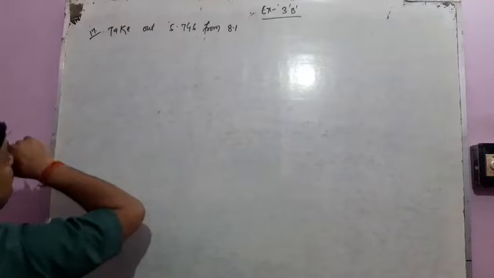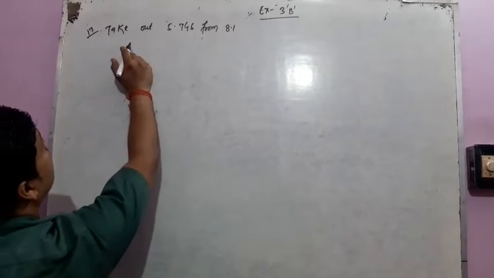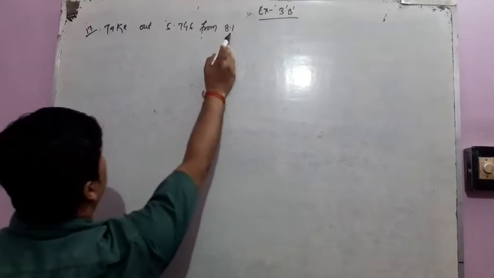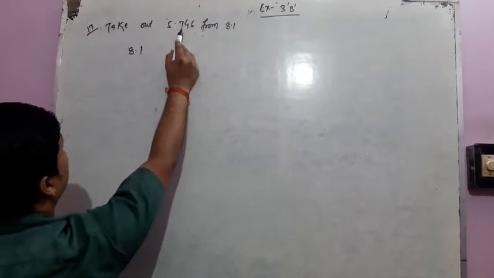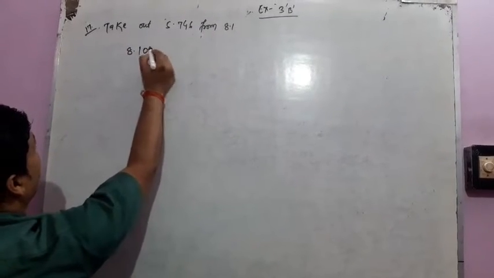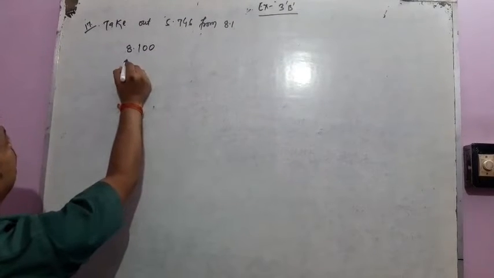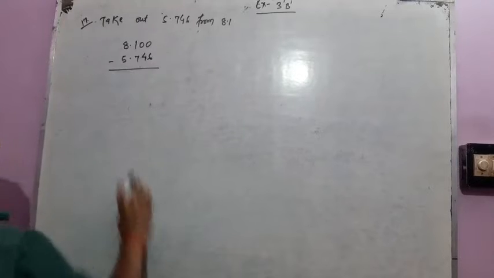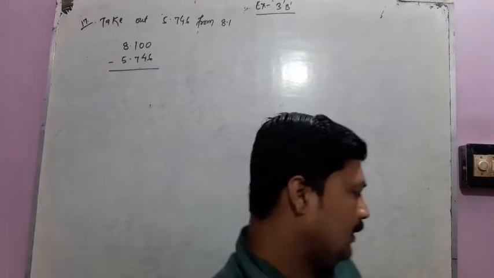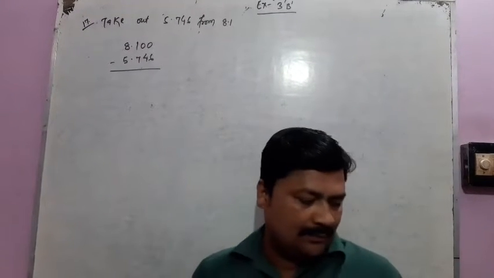Here in the same way we have to subtract 5.746 from 8.1. For that we have to first convert 8.1 and 5.746 in like decimals. Now 5.746, and we have to subtract the values here.